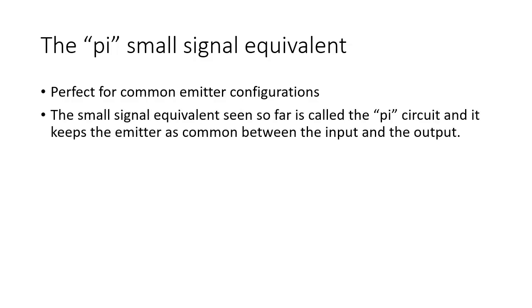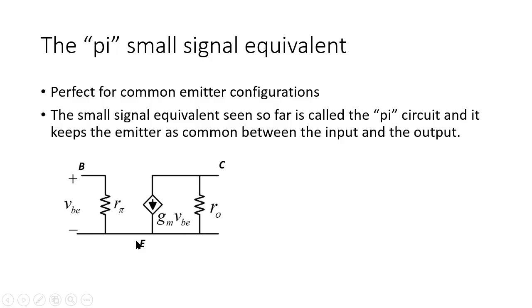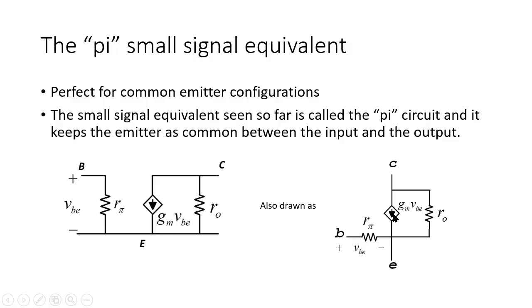I've said that. The small signal equivalent seen so far is called the pi circuit, and it keeps the emitter connected to ground as common between the input and the output. It is also drawn sometimes like this.